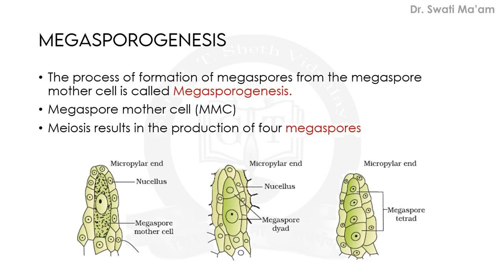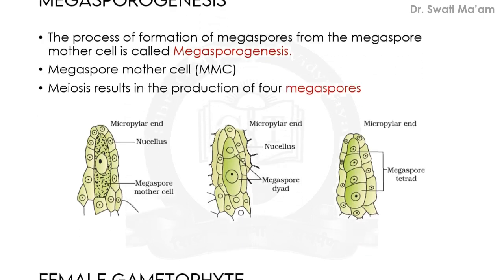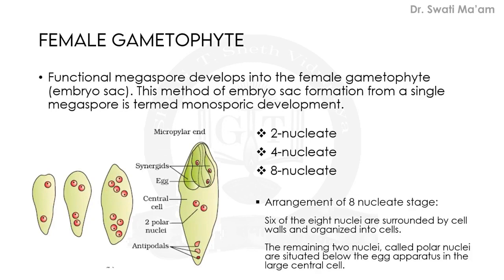It will develop into the female gametophyte, which is also known as embryo sac. So this method of embryo sac formation from a single megaspore, out of these 4 a single one participates, is known as monosporic development of the female gametophyte. So let us see the detail of female gametophyte.